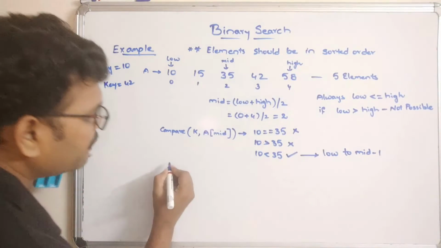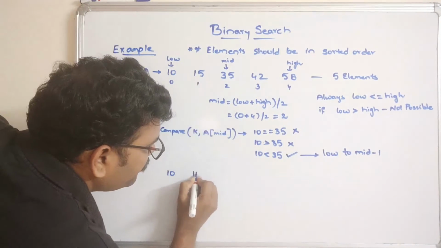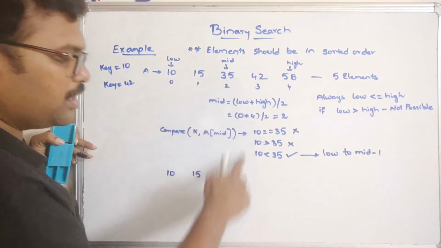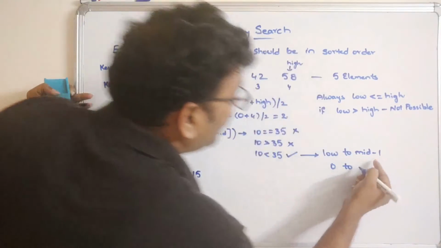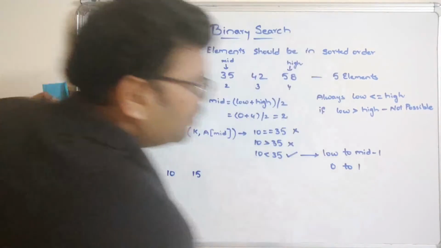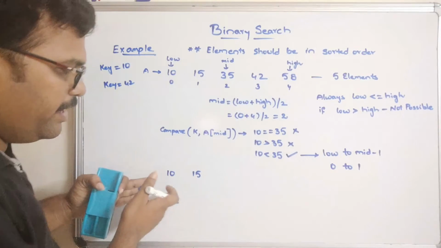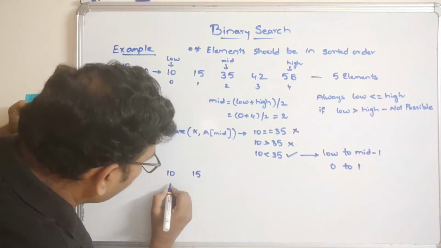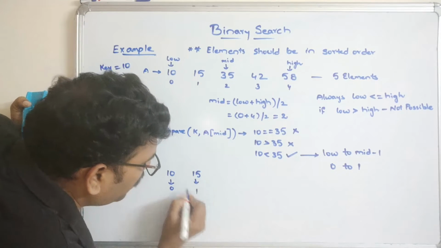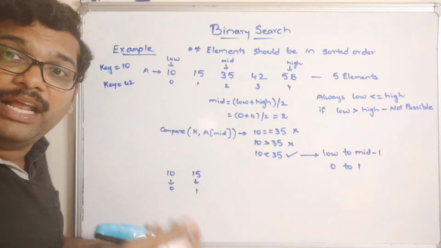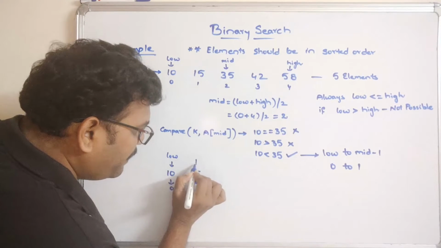Now the elements are 10 and 15, and we should not consider 35. Mid minus 1 means here low is 0, mid minus 1, 2 minus 1 is 1. So the search space is reduced to index values from 0 to 1. This one will be index 0, this one index 1, and we need to find a mid value again, repeating the same process.